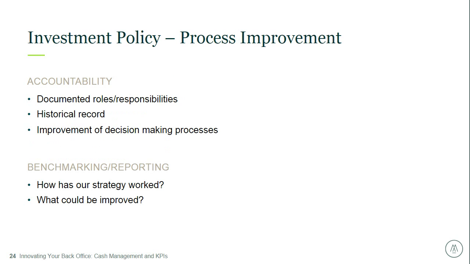One of the biggest pieces of putting this all together is improving your process over time. It provides us with a historical record and allows us to monitor and improve upon. And I would say you want to keep this really simple from a benchmarking standpoint. What did I put in? What did it generate for me, both in terms of capital appreciation and income? What did it cost me in total?